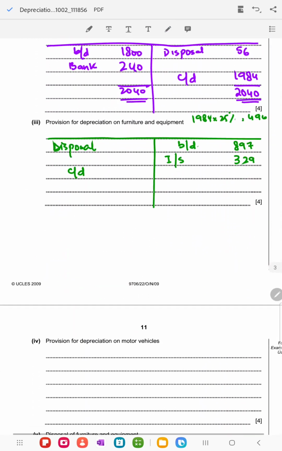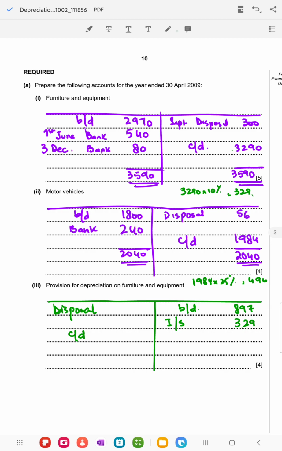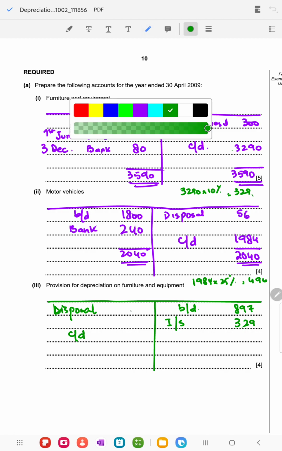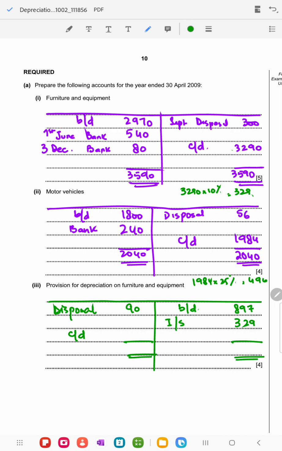The disposal will be 90, and now I can have my closing value. So 897 plus 329, 1226, 1226 minus 90, my balance becomes 1136. So this is my closing balance for provision for depreciation on furniture and equipment account.